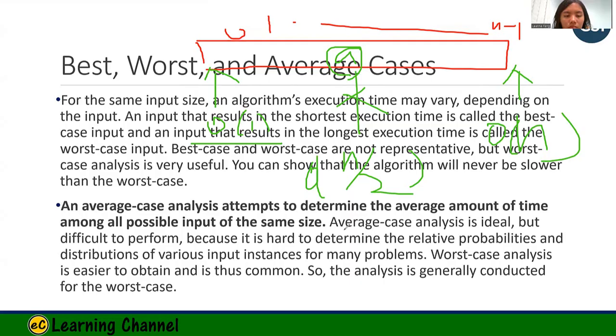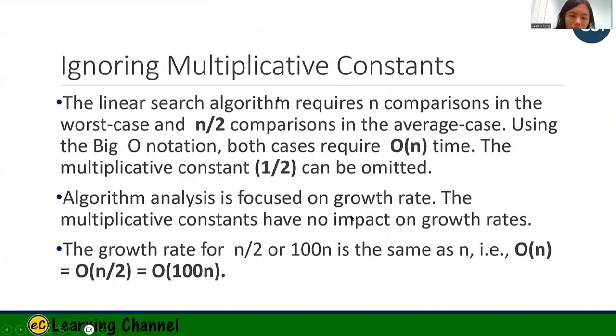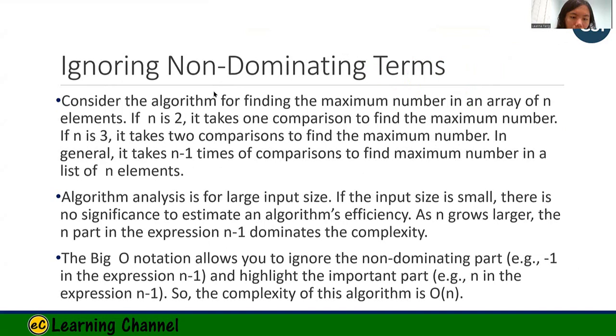And order n over 2 is also order of n. Sometimes we ignore the multiplication factor. Okay? So if you have order of an, we drop the a, we just keep the n only. It's called ignoring the multiplication factor. Ignore the non-dominating factor.